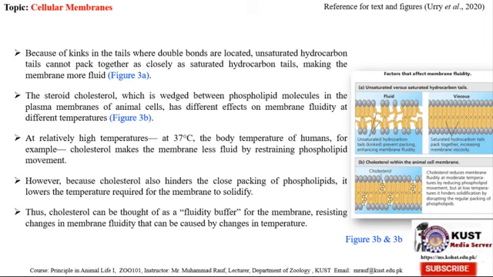Some of the proteins can move along the plasma membrane and rush to the site where their function is required. For example, enzymes rush to the area where they play a role in catalyzing a reaction. So when the membrane is too much solid, this movement of proteins towards the site where they are desired is hampered.